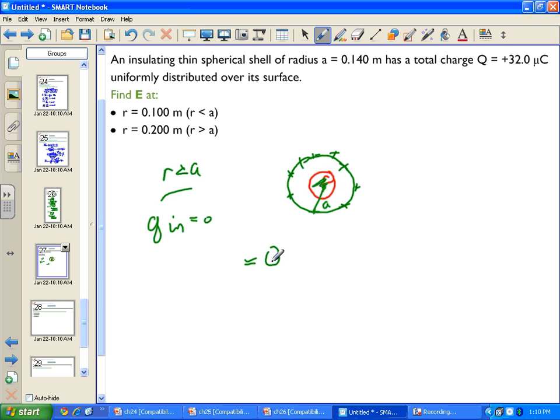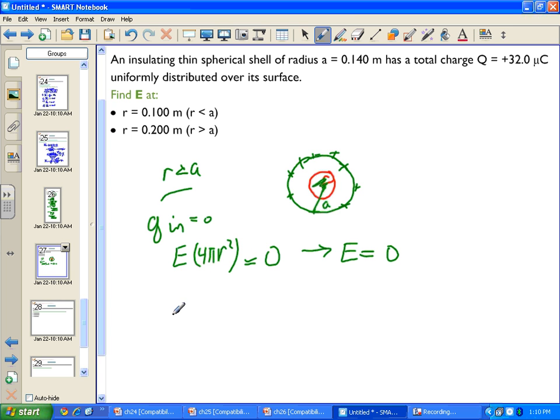Well, using Gauss's law, if the right side is 0 and 4 pi R squared, which is the area of the Gaussian surface, can't be 0, it must mean that E has to be 0, because something times something which is not 0 is itself 0.